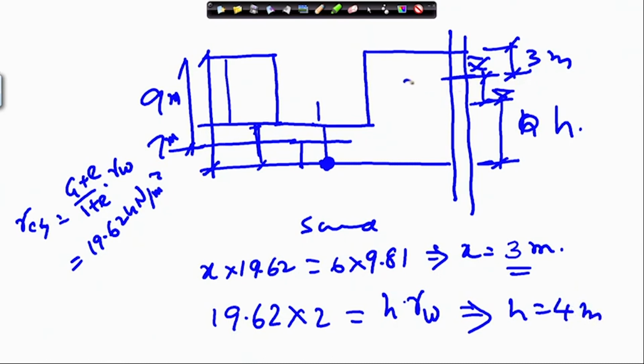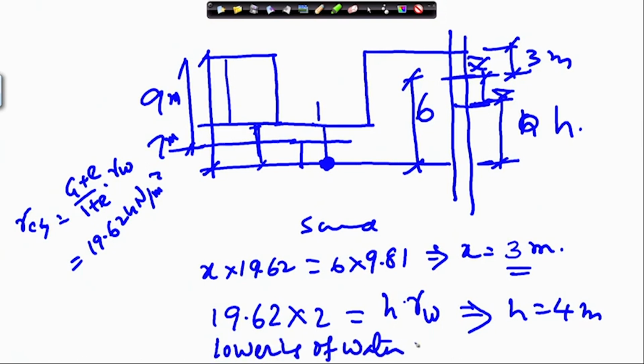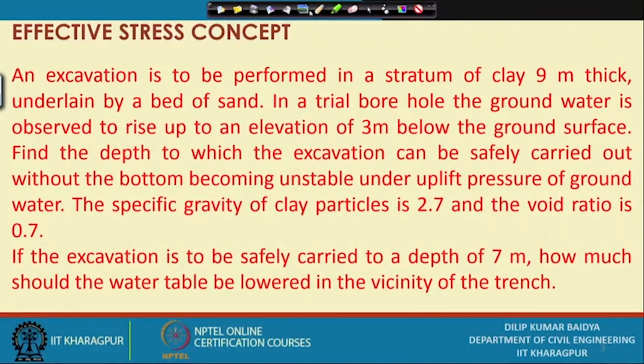So, initially this 3 meter from this side, that means this was 6, now this is coming 4, that means lowering of water table required, 2 meter. So, 6 to 4 we have to lower. So, this is another application, and let me see the next problem.